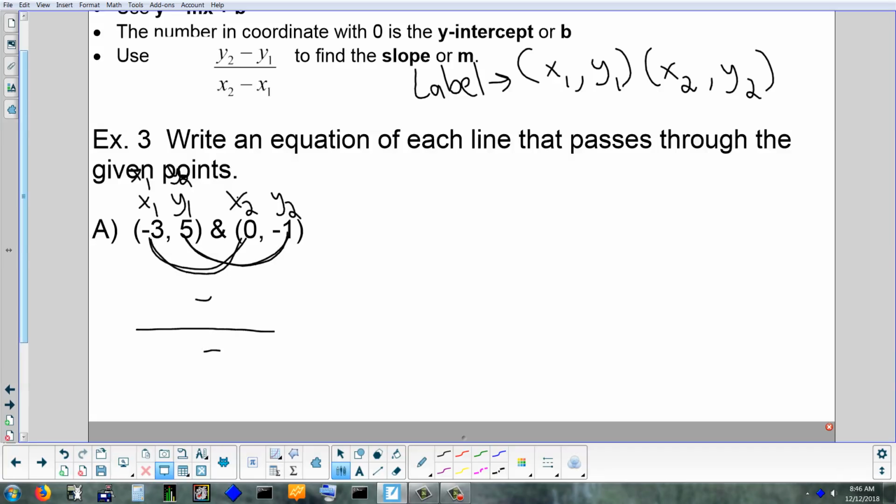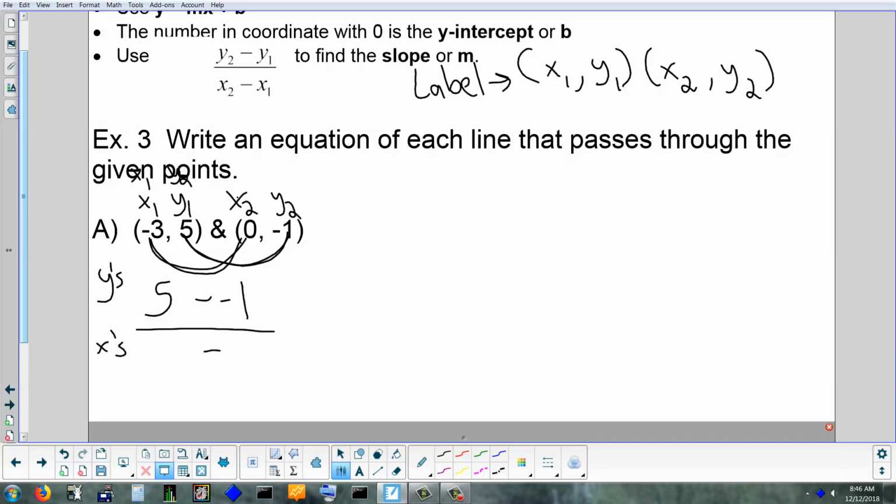On the top, again, I'm just going to do y1 minus y2. Again, I know my y's go on the top, x's go on the bottom. So I'm just going to go from the first y to the second y. 5, the minus is part of the formula, -1.